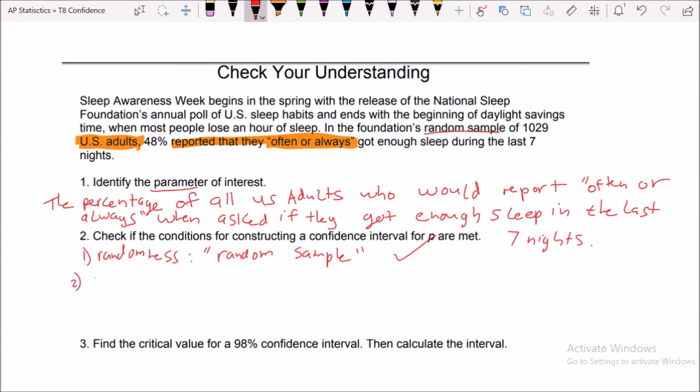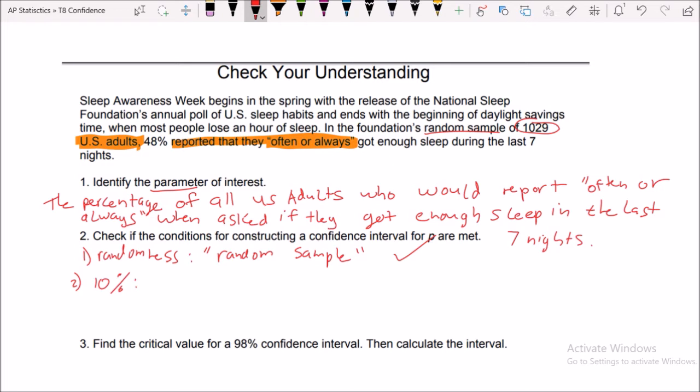Number 2, let's do the 10% condition next. The sample size was 1,029. Because we don't know what the population of US adults is, but I feel pretty confident that if we only asked 1,029 people, we've asked less than 10%.